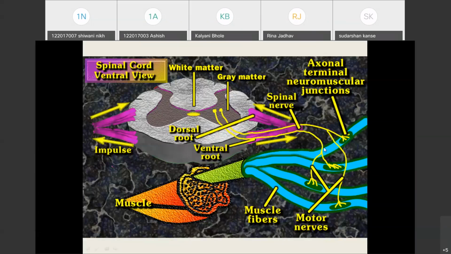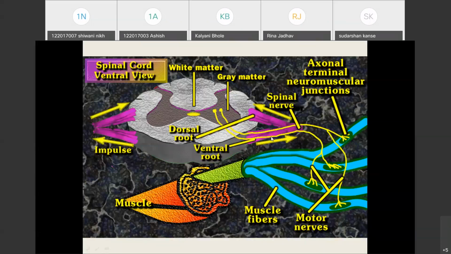So these motor nerves are in contact with this muscle fiber. This junction is called a synapse, where the nerve fiber is in contact with the muscle fiber. The nerve fiber carries the electrical signal.